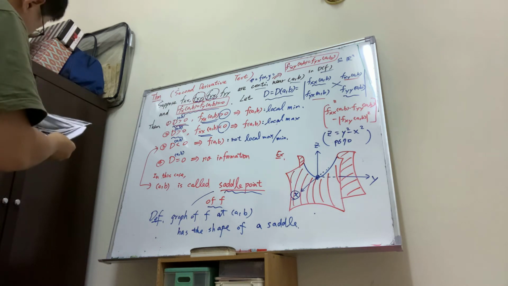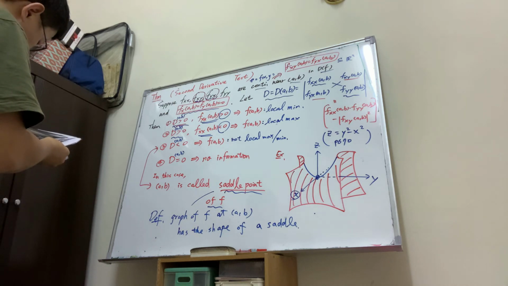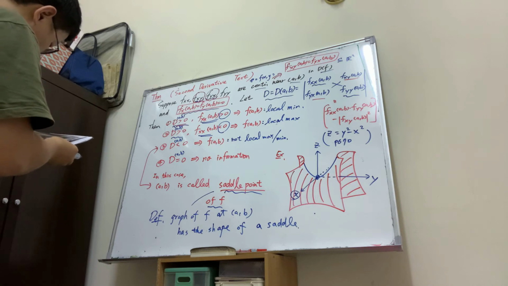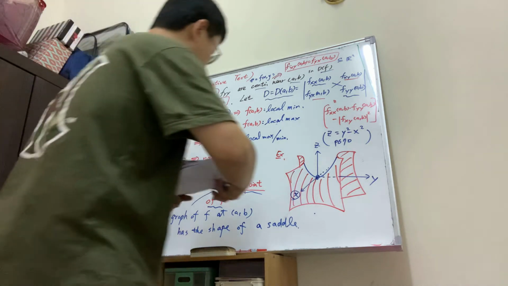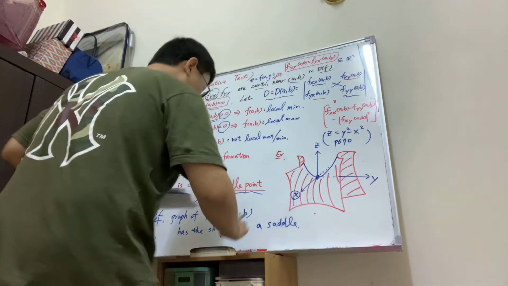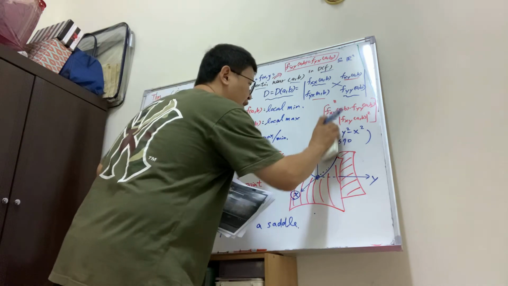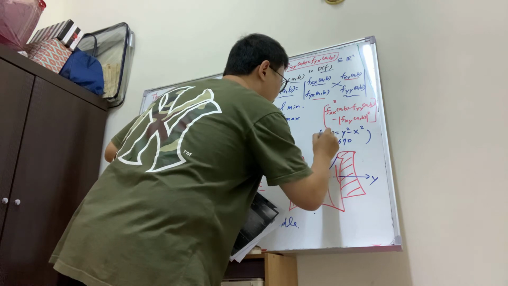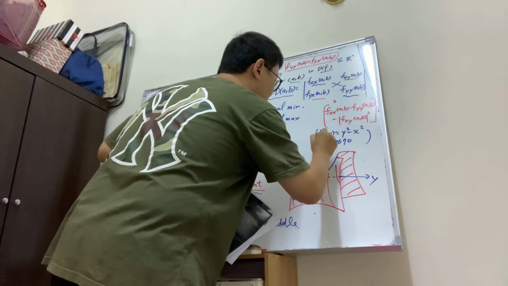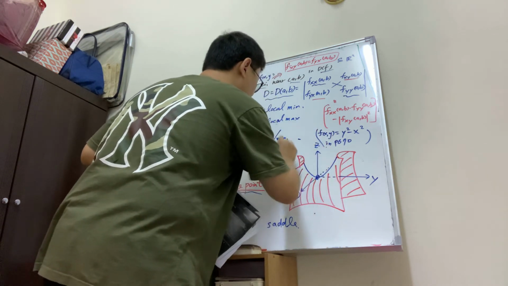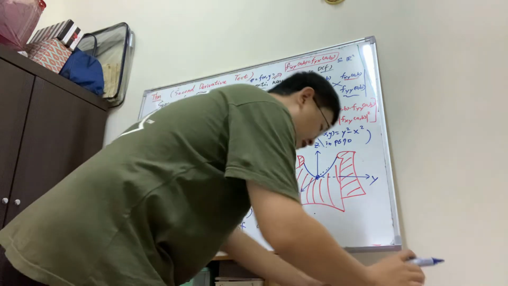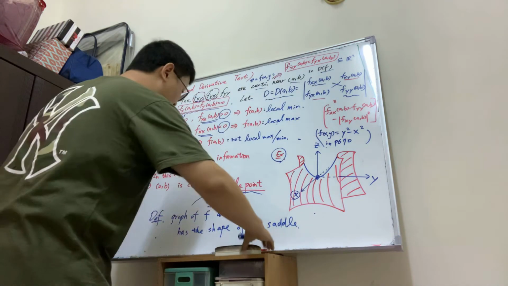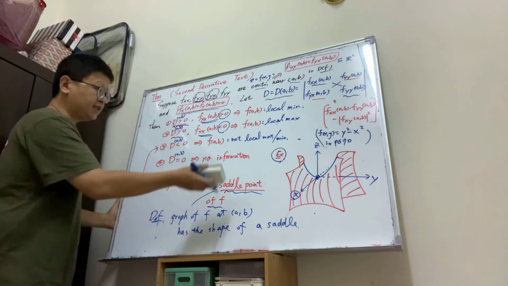Okay, now let's see. f(x, y) equals y squared minus x squared.